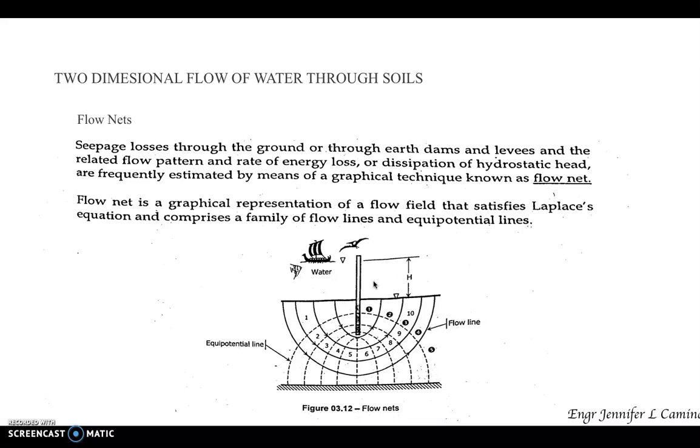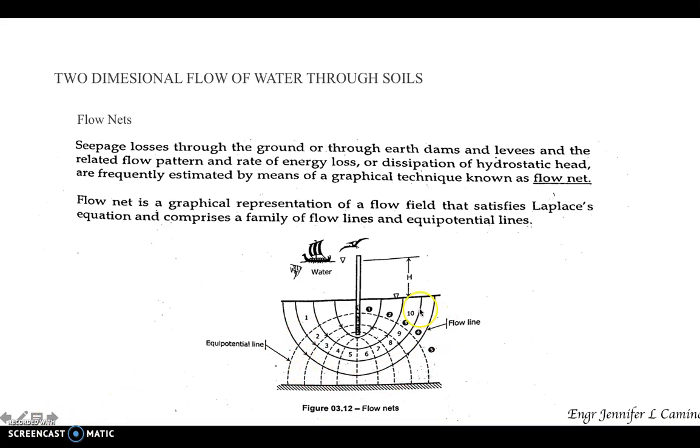So when seepage losses through the ground or through earth dams and levees, and the related flow pattern and rate of energy loss or dissipation of hydrostatic head, are frequently estimated by means of a graphical technique, it is known as a flow net.